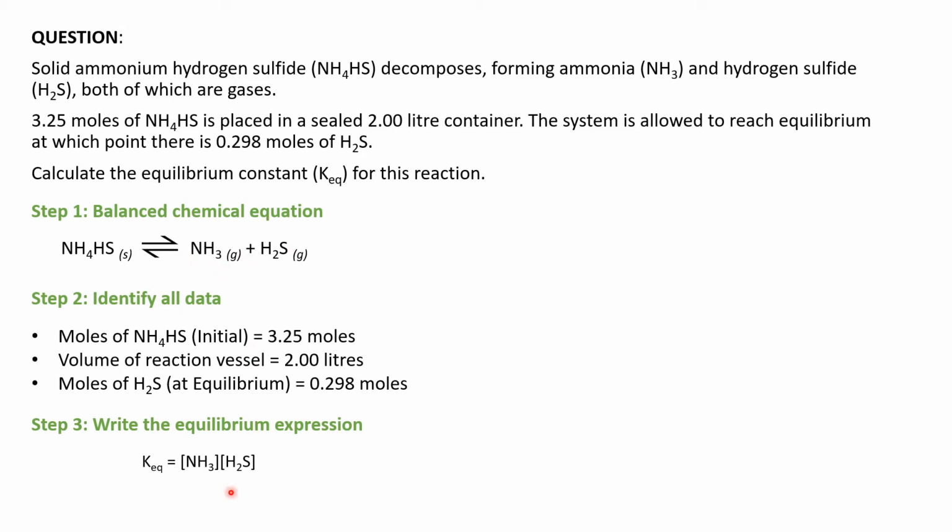There's no coefficients here, so I just multiply them together. I would normally divide this by the concentration of the reactants, but as this is a solid, solids have no concentration, so I would treat that just as 1. So the equilibrium expression here is just the concentration of ammonia times the concentration of hydrogen sulfide.